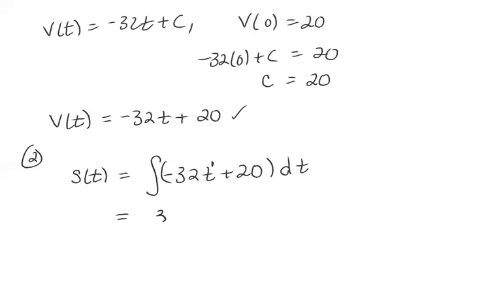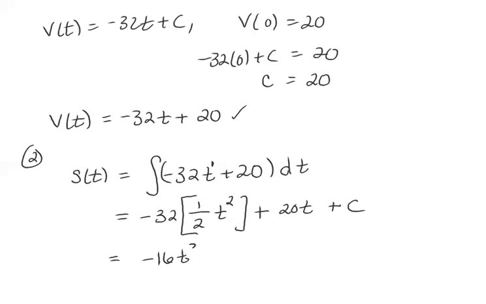So the antiderivative is negative 32 times t to the 1 plus 1, or 2 power, times the constant of 1 over 2, plus the antiderivative of a constant 20, which is 20 times t, all plus c. Negative 32 times 1/2 is negative 16 t squared plus 20t plus c. And that's s of t.